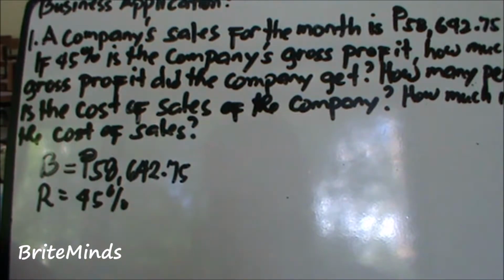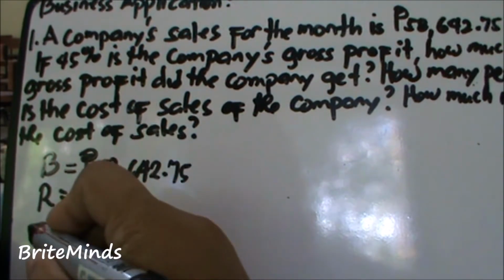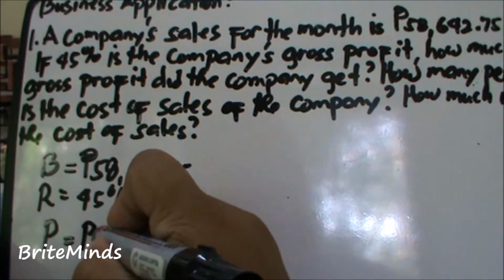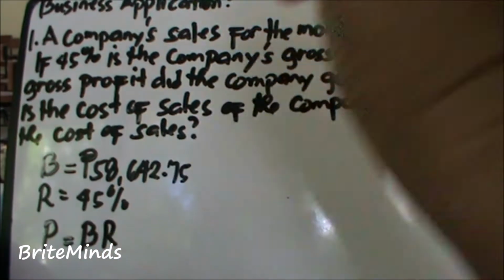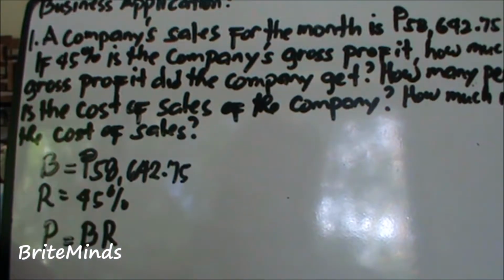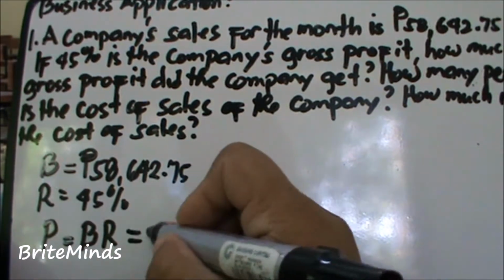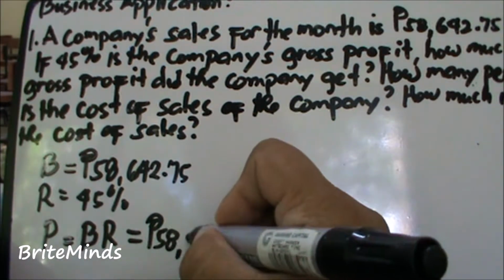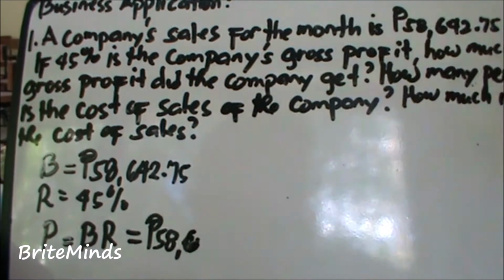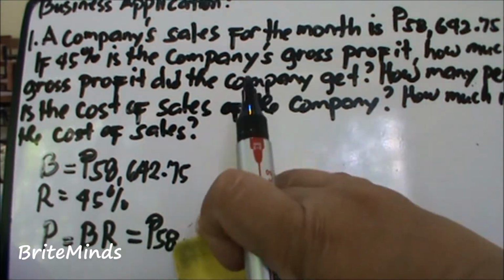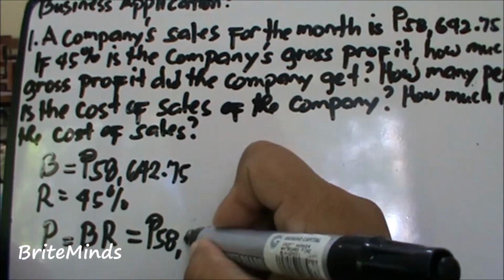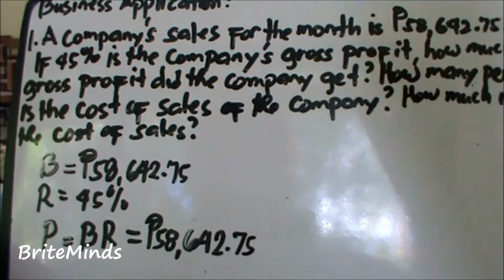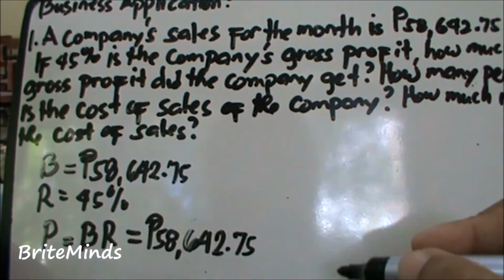Okay, so easy guys. We need to use the basic formula. P equals base multiplied by the rate. So the base is 58,642 pesos and 75 centavos multiplied by 45%.